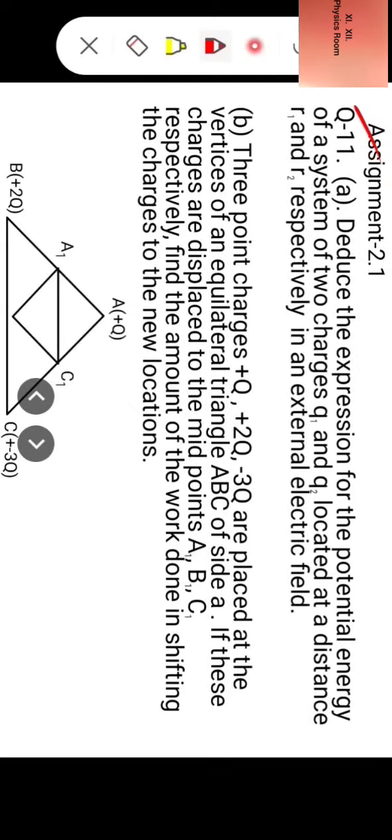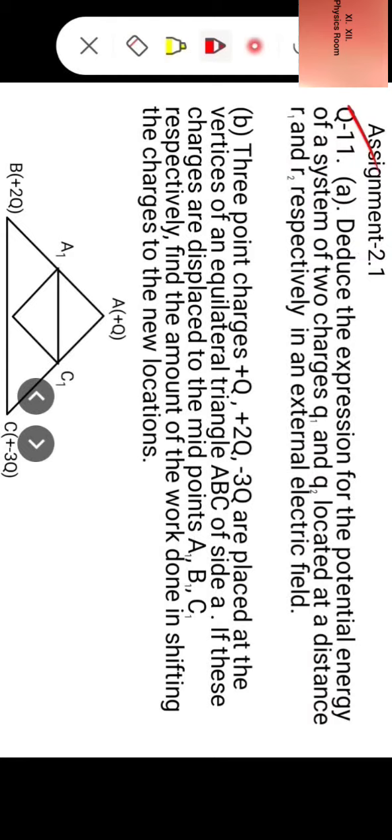Assignment 2.1 continued. Question number 11.